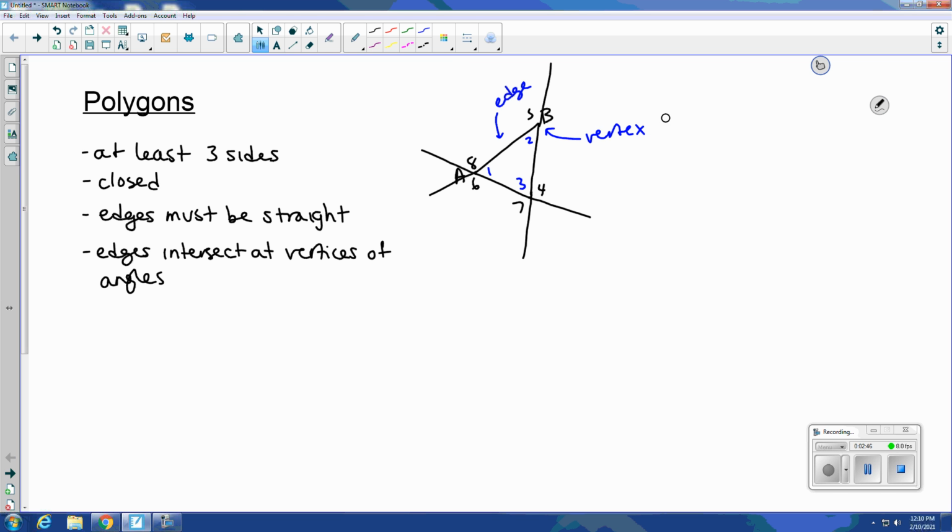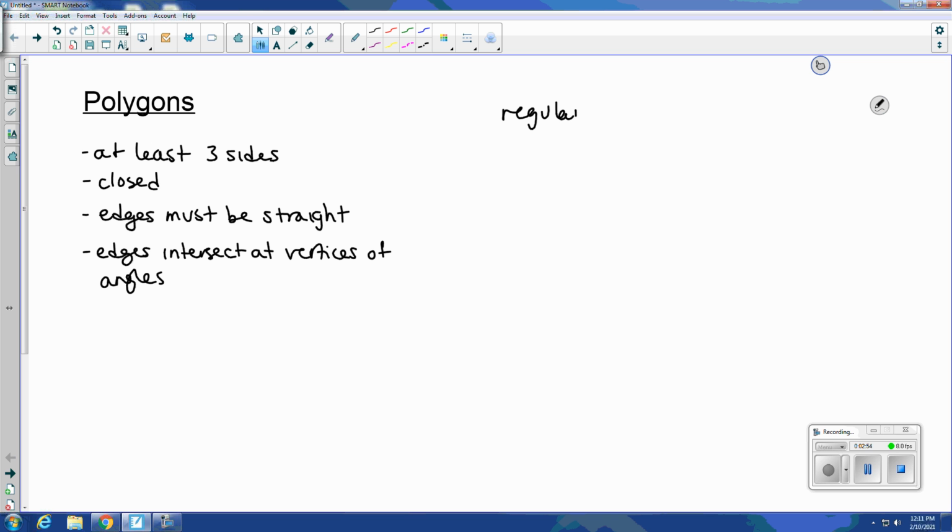Now, speaking of angles and sides, there's some other vocabulary we want to be aware of, and that is regular versus irregular. So what makes a regular polygon? Well, regular refers to all sides and all angles are congruent. So if that's the case, we have regular.